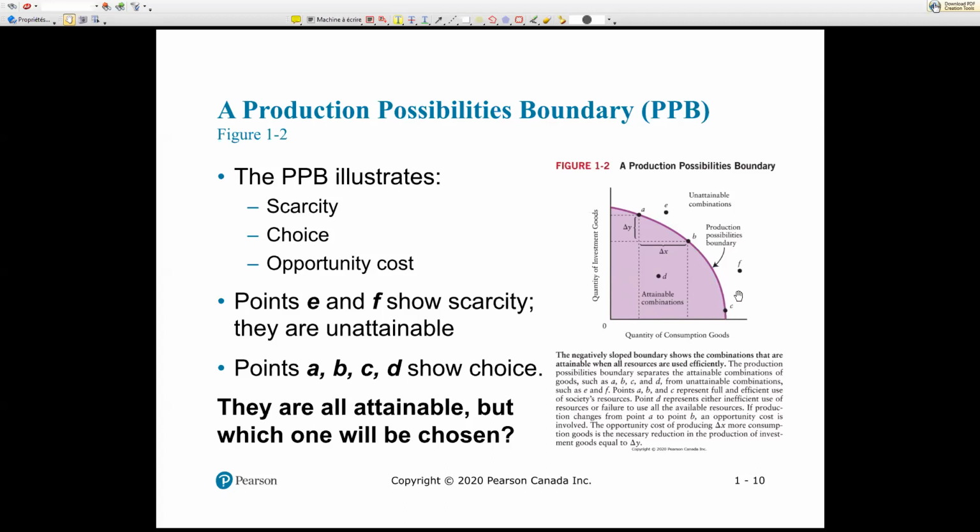Another example I could give is a fishing boat. Imagine you're a fishing boat and this is salmon and this is, I don't know, tuna, for instance. Maybe that's not a great example. But anyways, if I use a big net and I catch some of one fish and some of the other fish, that's easy, I'm here.